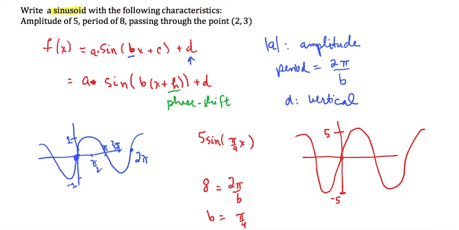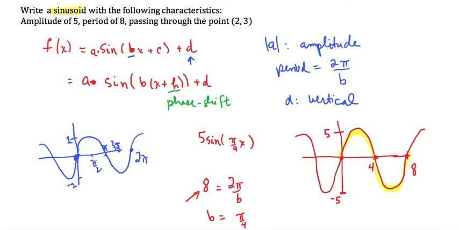And instead of having a period of 2 pi, our new period is going to be 8. So that means when we make a full cycle from here up and down and back up to here, this point here will be precisely 8. And this point here will be halfway of that, so that's going to be 4. Right? So remember that the period is 2 pi over b.